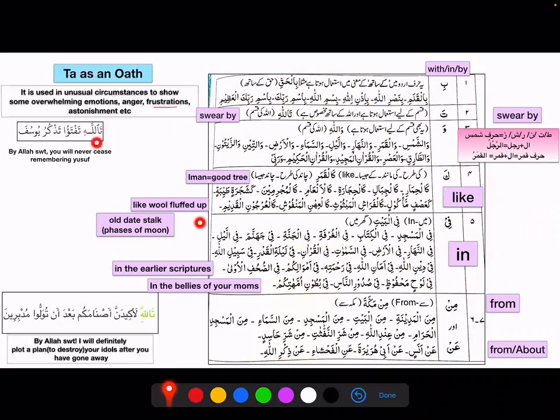So when this tallahi is used, basically the situation is very intense. And we can see in the Quran Pak it says tallahi, by Allah, tafta'u tazkuru Yusufa, you will never cease remembering Yusuf. So these are the brothers of Yusuf alayhi salam talking to Hazrat Yaqub alayhi salam, right?